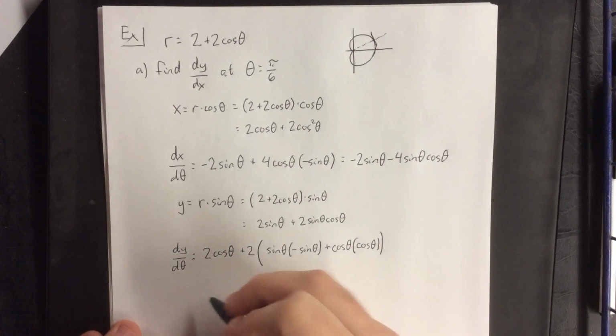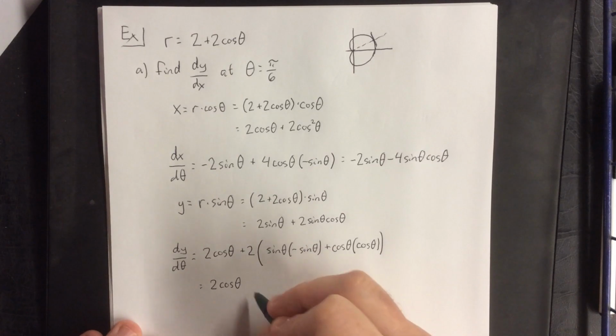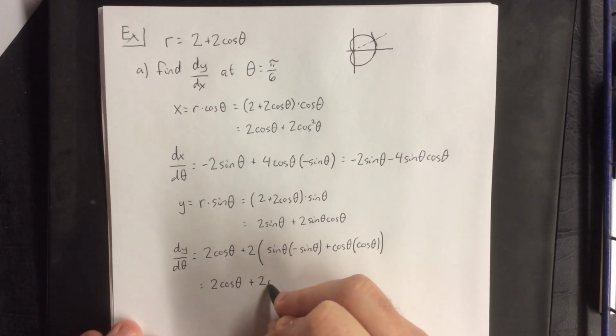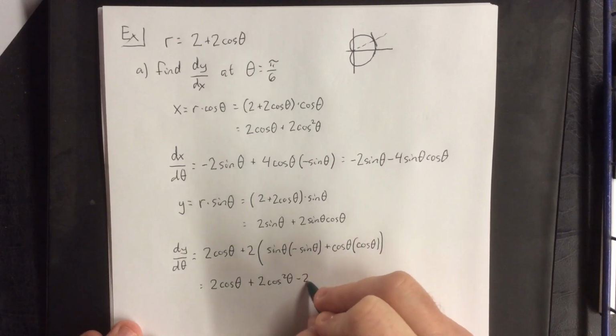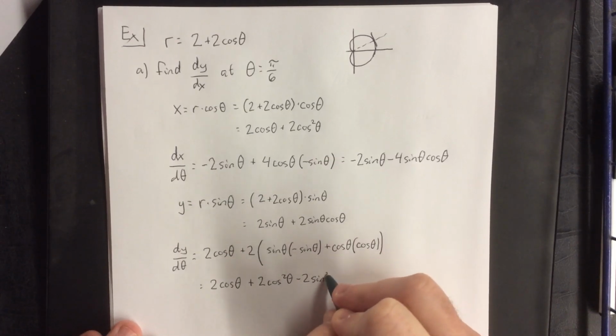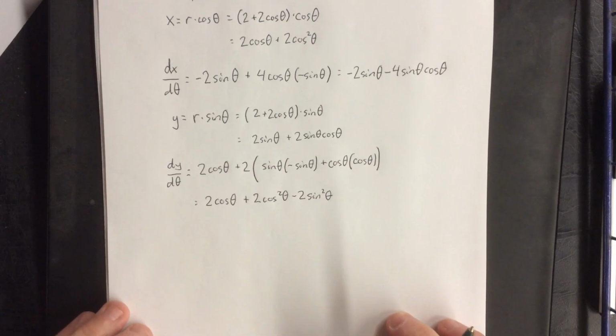And if we simplify this expression a bit, we are going to get 2 times the cosine of theta plus 2 cosine squared theta, just writing this term first, and then minus 2 sine squared theta for the second part. Now at this point, if I want to keep them separate, that's fine.